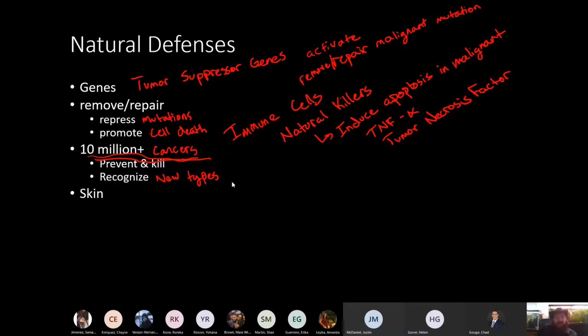So your skin itself blocks carcinogens. That is because skin has melanin. Melanin blocks ultraviolet radiation. So melanin gives you resistance to cancer, resistance to damage caused by ultraviolet radiation.